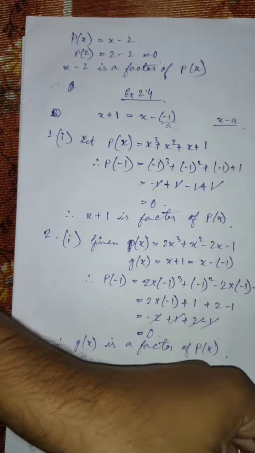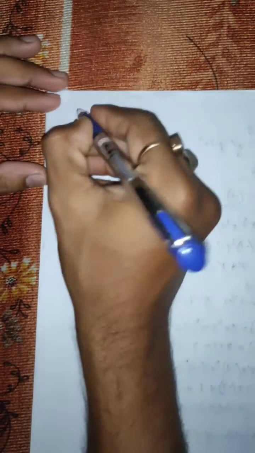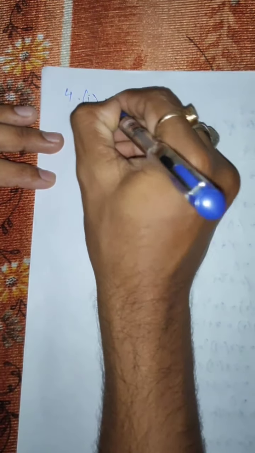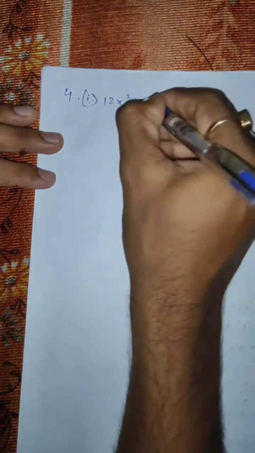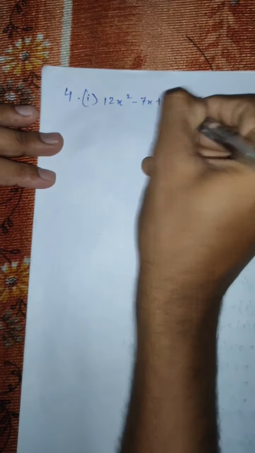Let's see the next one. See the number 4, factorize 12x square minus 7x plus 1.